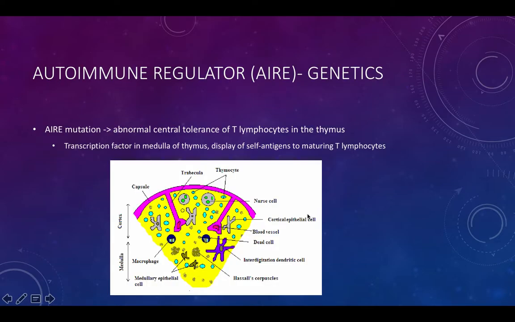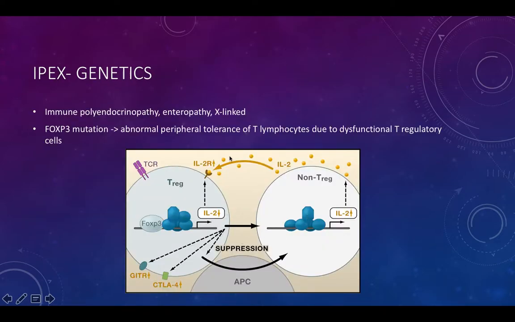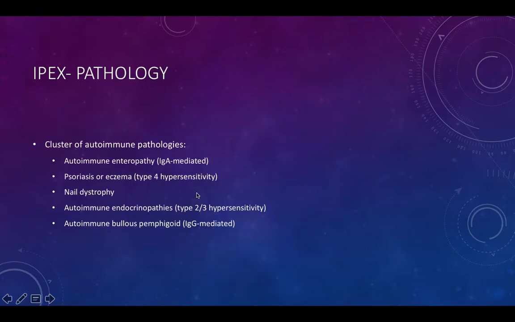And then we are talking about loss of peripheral tolerance via Tregs, which leads to enteropathy, skin disorders, and endocrine disorders, which are all autoimmune and mediated via usually T helper lymphocytes.